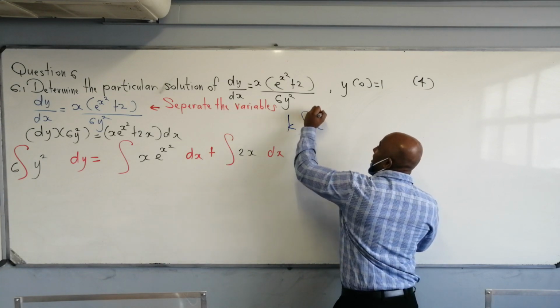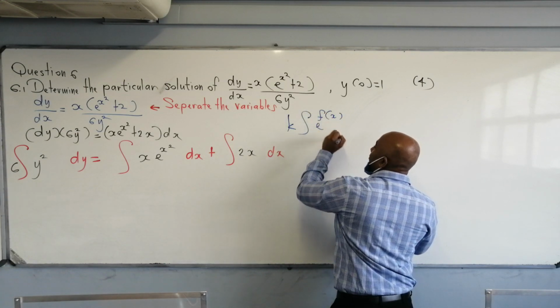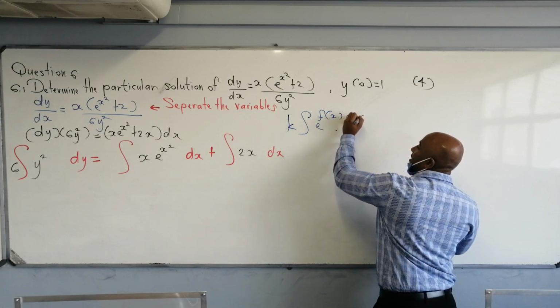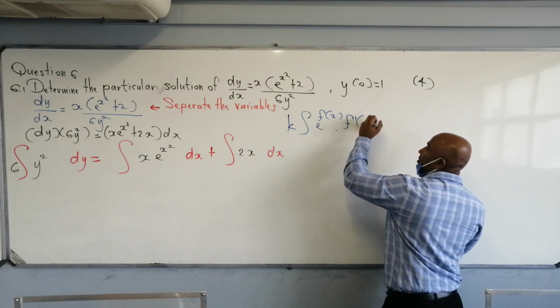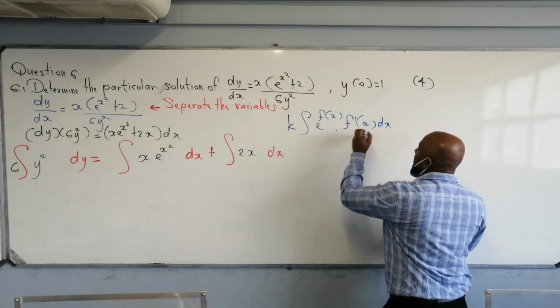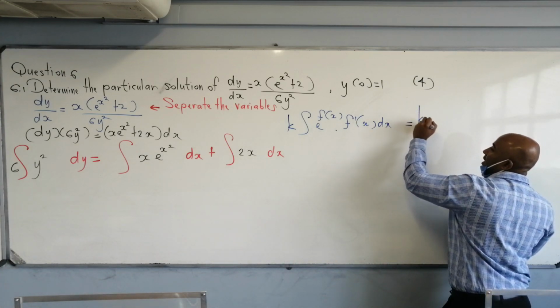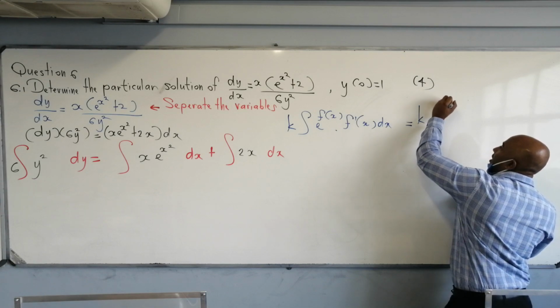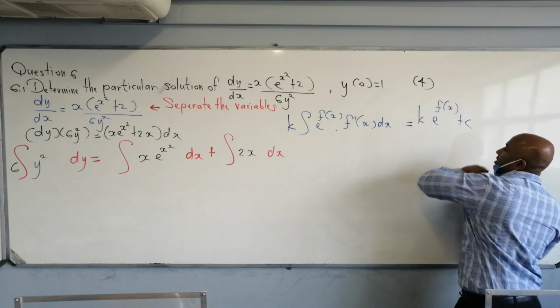I got k e to the power f of x multiplied by the exact derivative of the exponent, f prime of x. And if this is the situation, then the answer is going to be k e to the power f of x plus c.